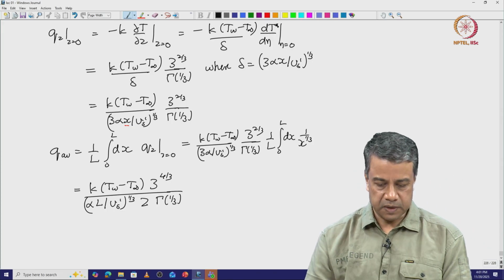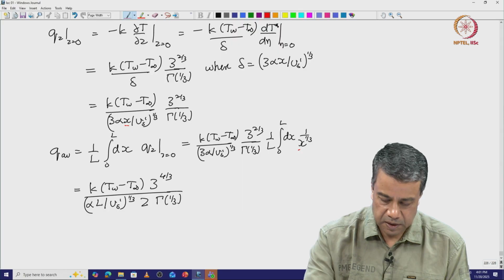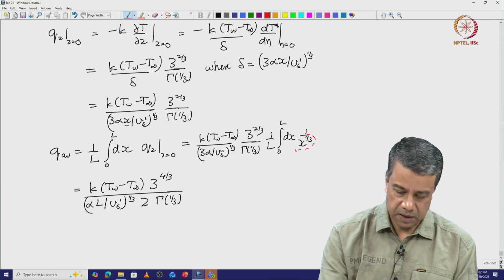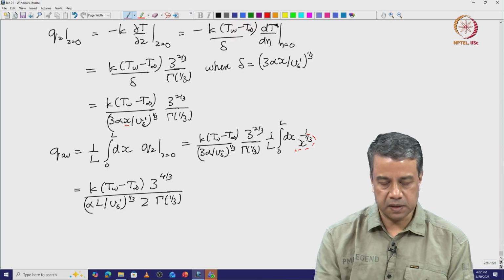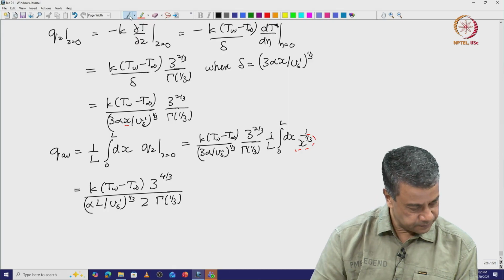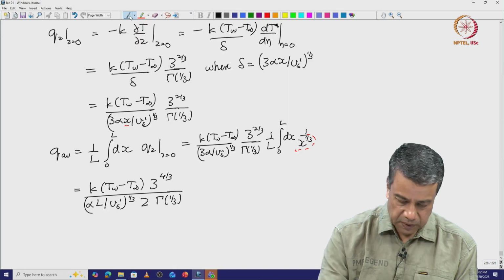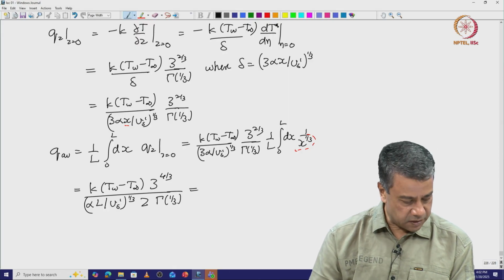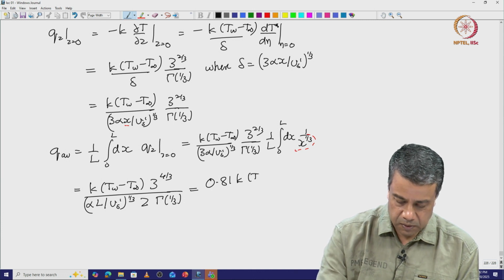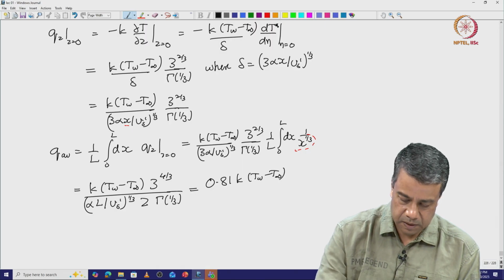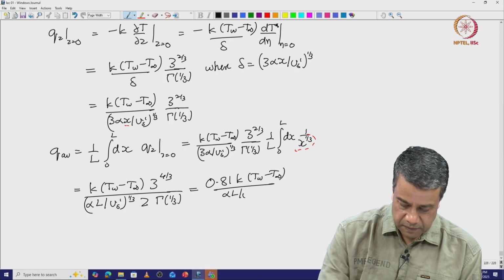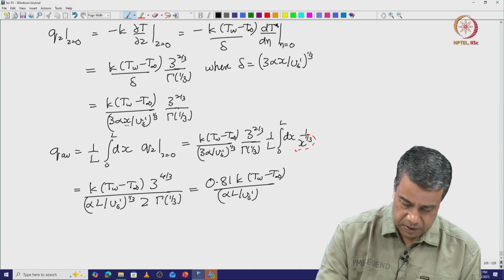Okay. Because integral of x power minus 1/3 is 3 by 2 x power 2/3, and there is a 3 power 1/3 in the denominator, 3 power 2/3 in the numerator here multiplied by 3. Okay. And you can evaluate these constants. It is approximately equal to 0.81 k into (T_w minus T_infinity) divided by (alpha L by Vs prime) whole power 1/3.